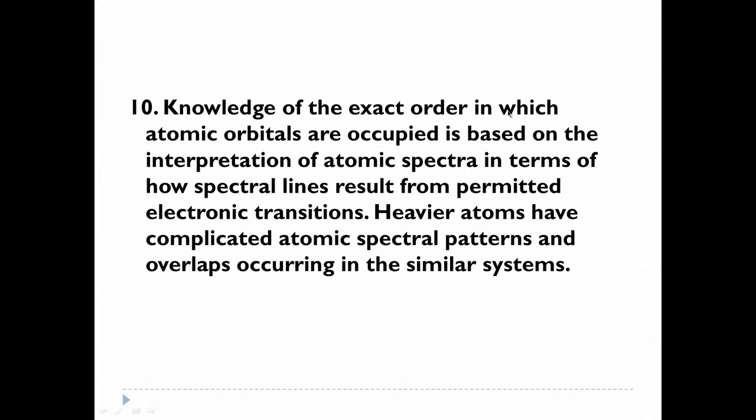Knowledge of the exact order in which atomic orbitals are occupied is based on the interpretation of atomic spectra only, in terms of how spectral lines result from the permitted electronic transitions. Heavier atoms will definitely have more electrons, more orbitals, more overlapping. So, the spectrum would be more complicated than simple atoms like hydrogen.